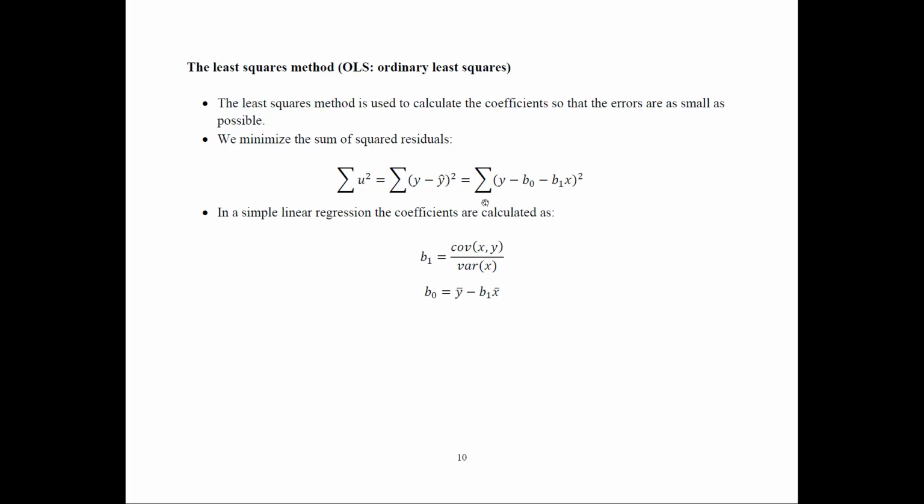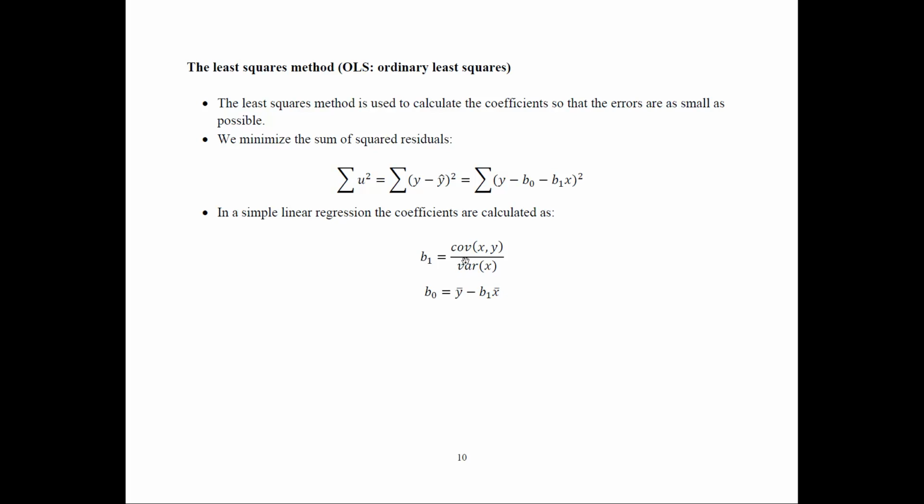So when we minimize this expression here, we're looking for solutions of betas, B0 and B1. These would be the estimated coefficients here, so that the regression line passes as close as possible to all the actual values of y. So in the simple linear regression model, the coefficients would be calculated as this.